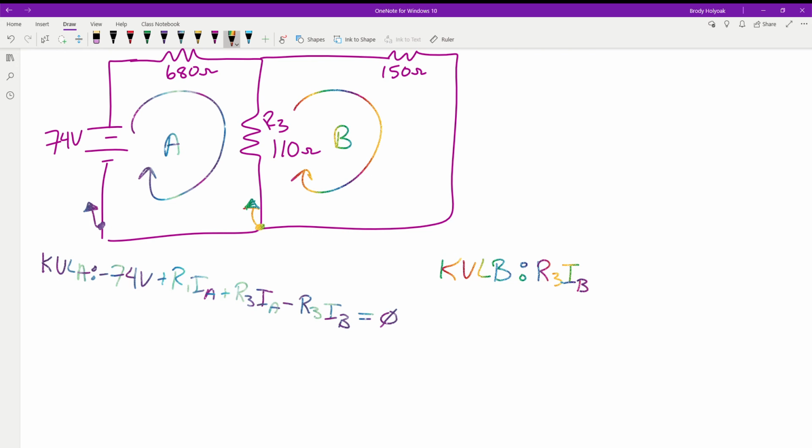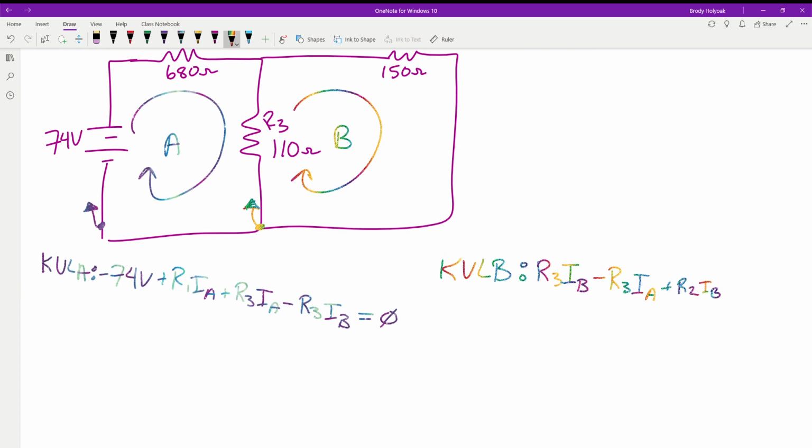Then we have to subtract R3 IA, because again, we still have the opposing current going through it. We come around, we run into R2, and what currents are going through R2? IB, that's it. So then this one is just added R2 IB.